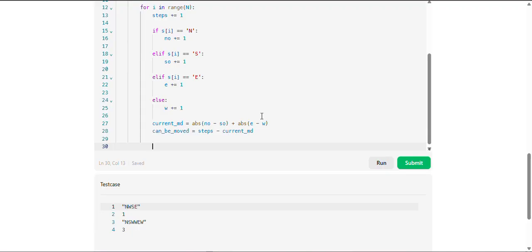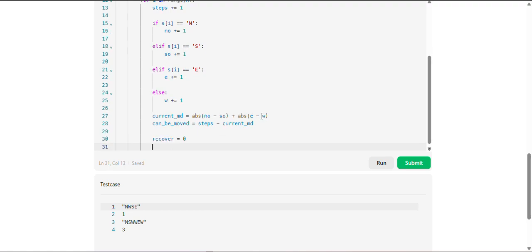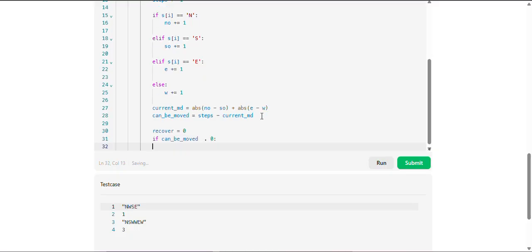And so if I change from there, how much can I recover? So I think I'll have to keep that variable also over here. Okay, let me keep it as 0, and if can be moved is greater than 0, then how much can I recover?